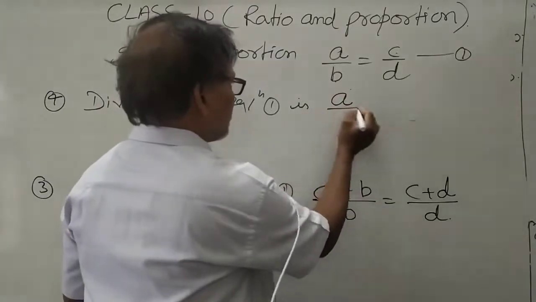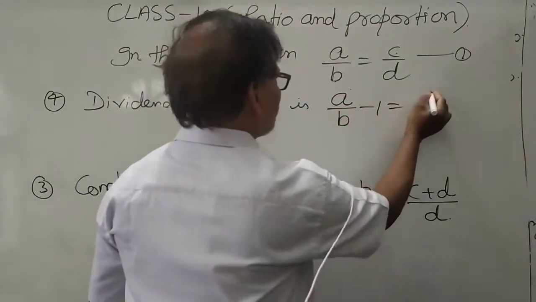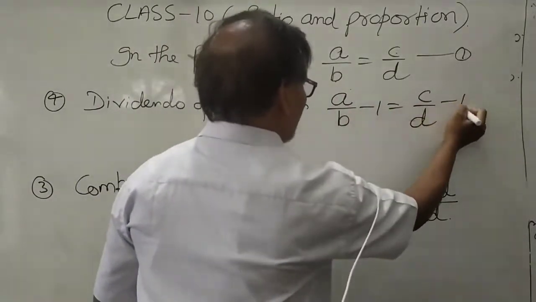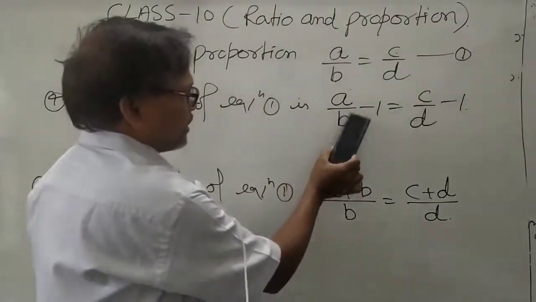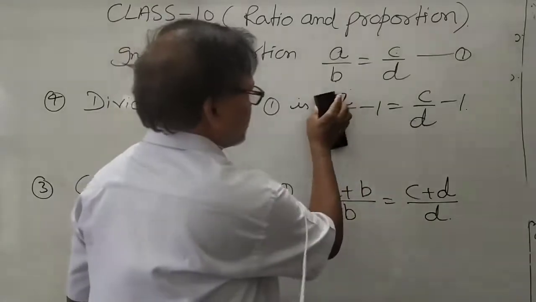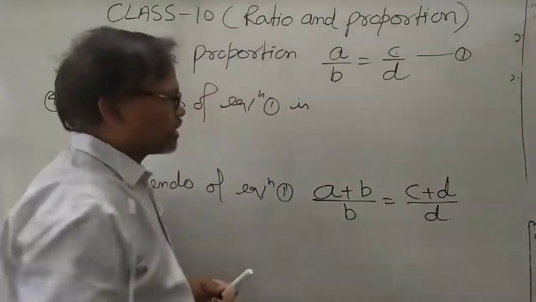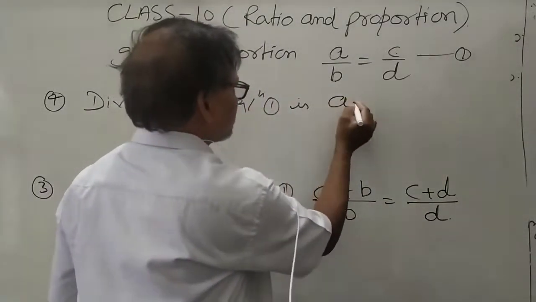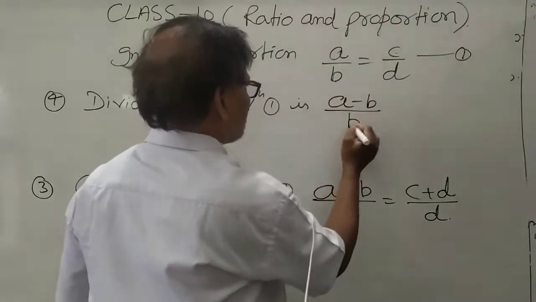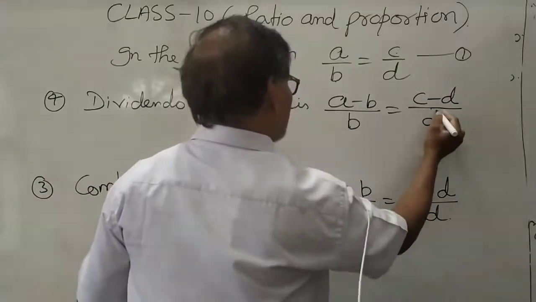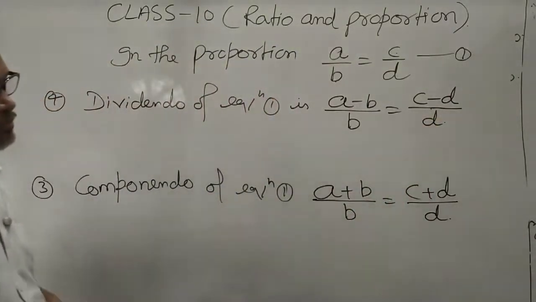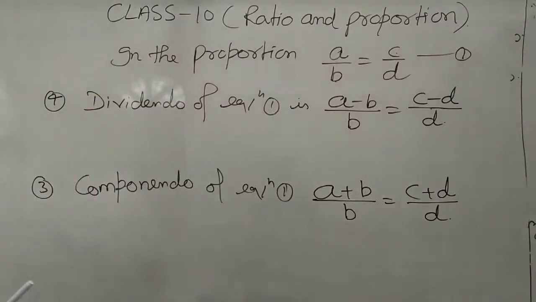So A upon B minus 1, C upon D minus 1. But again you have to take LCM. After taking LCM, A minus B upon B, C minus D upon D. So directly you can write this. This is only dividendo.